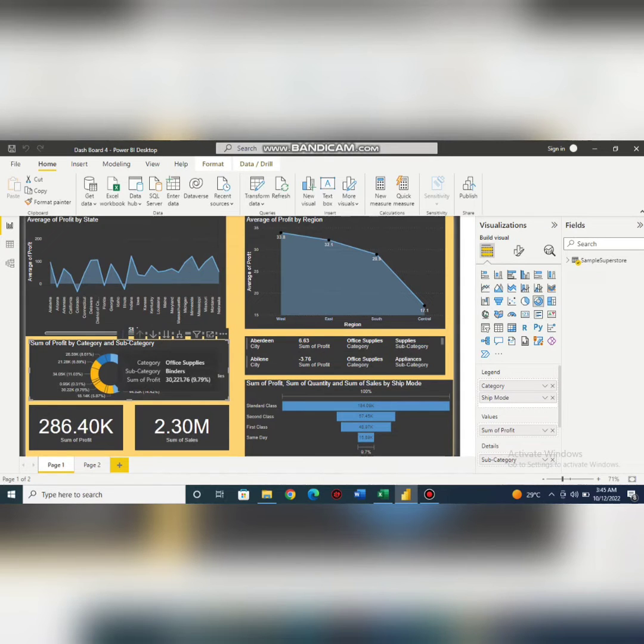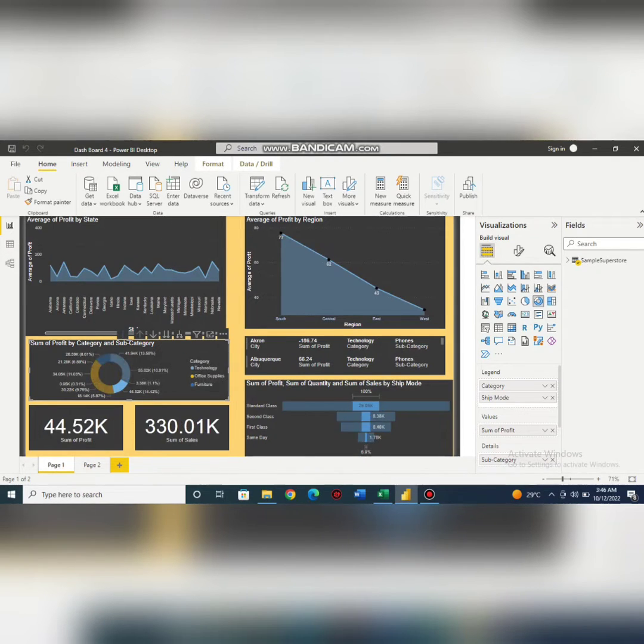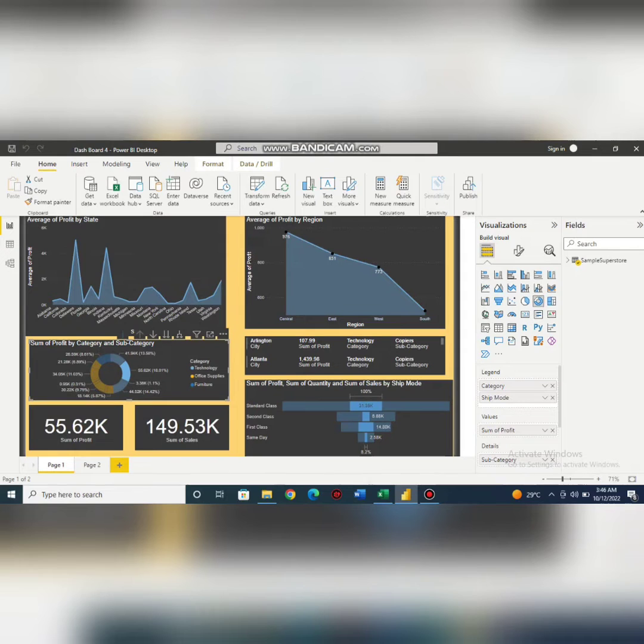Here we can see the profit by category and subcategory. The technology category has more profit. We can see 44.52. Copiers have also more profit, such as 55.62k dollars.